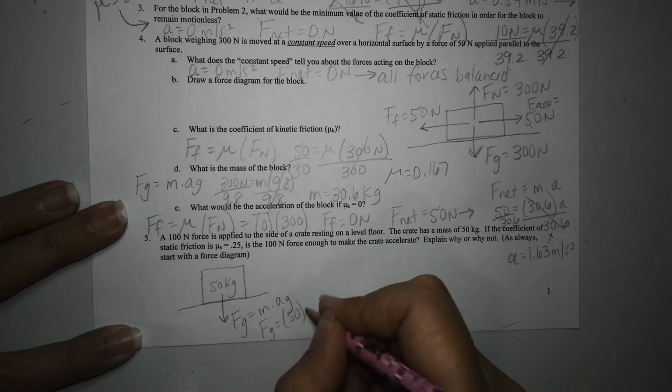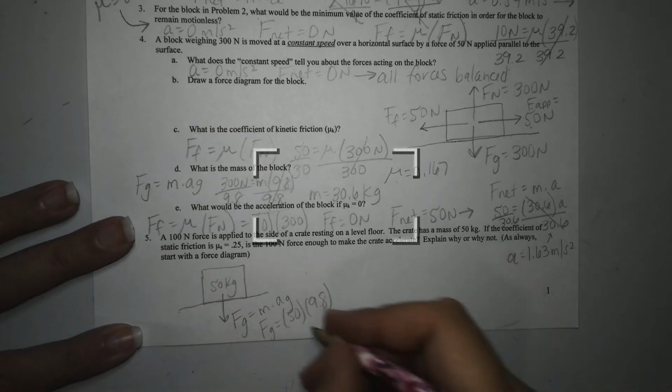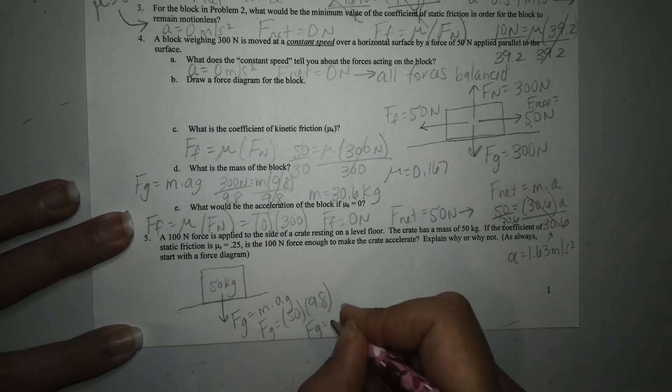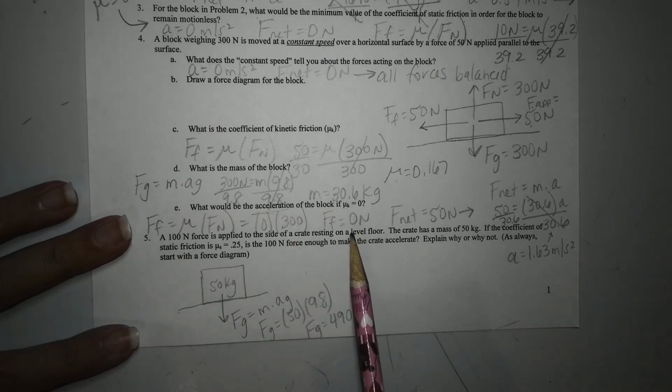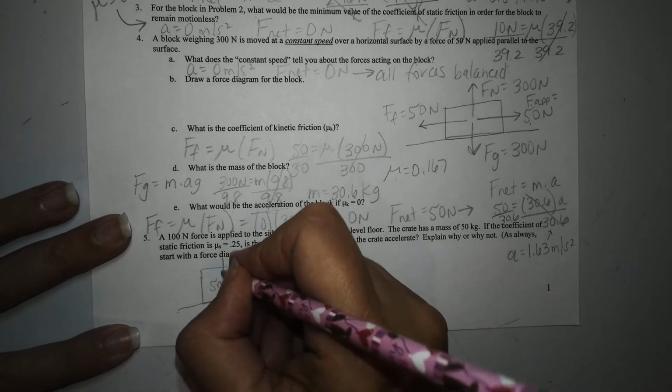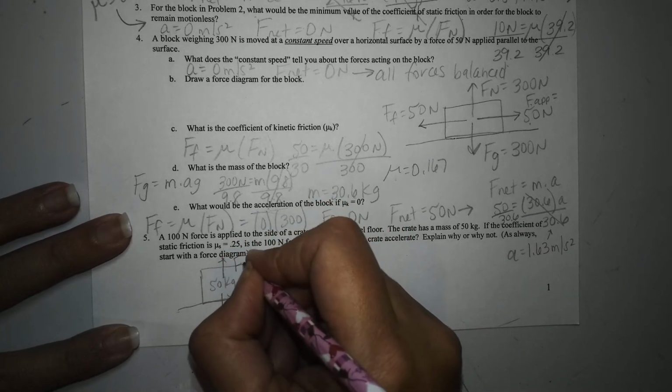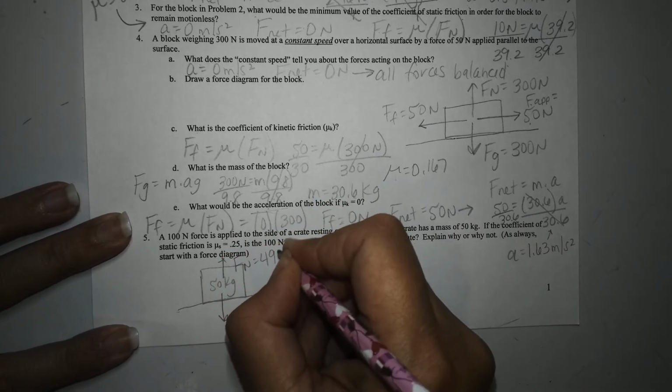So 50 times 9.8, and I end up with a weight of 490 newtons. Okay, once again, like anything else, it is sitting on a level floor, therefore our normal force is equal and opposite to our weight. So here's my normal force, which also equals 490 newtons.